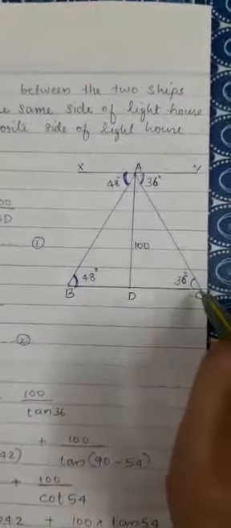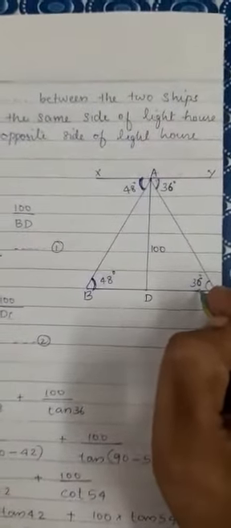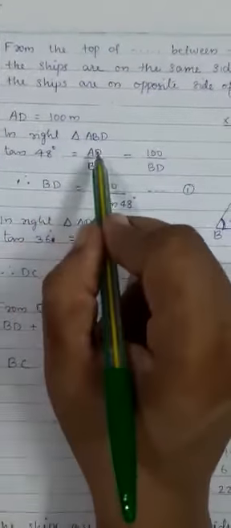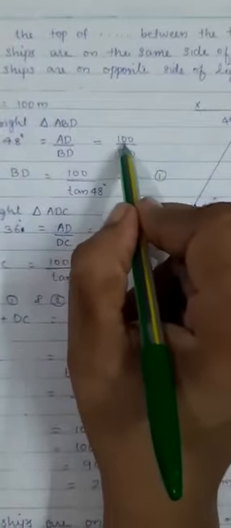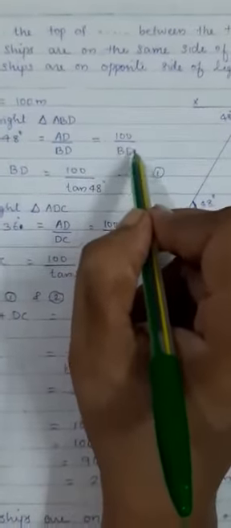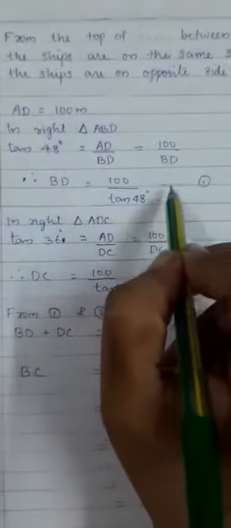AC is the transversal, so angle ACD is also 36 degree. In a right angle triangle ABD, tan 48 degree is equal to AD divided by BD equal to 100 divided by BD. Therefore, BD is equal to 100 divided by tan 48 degree. This is equation number 1.